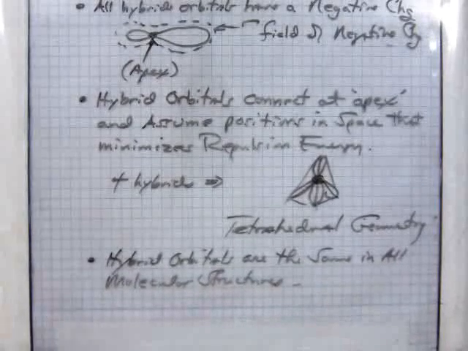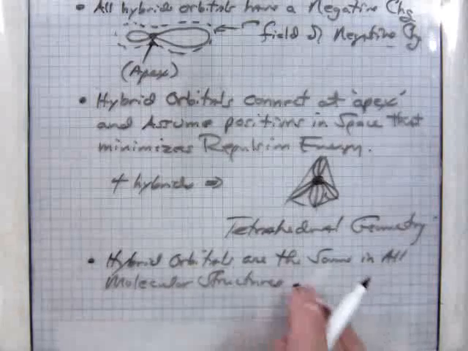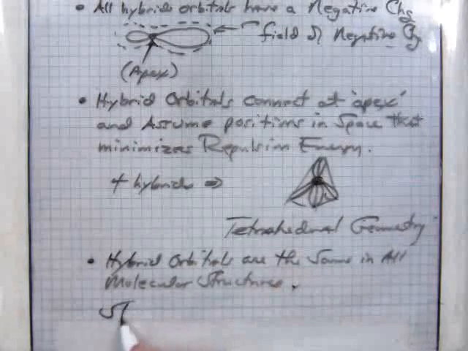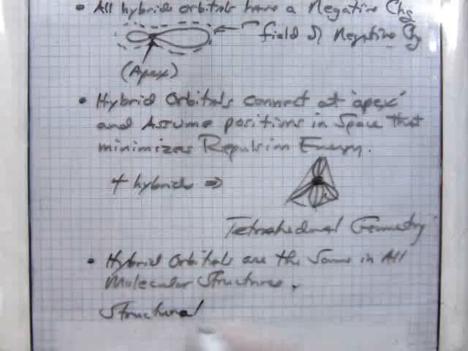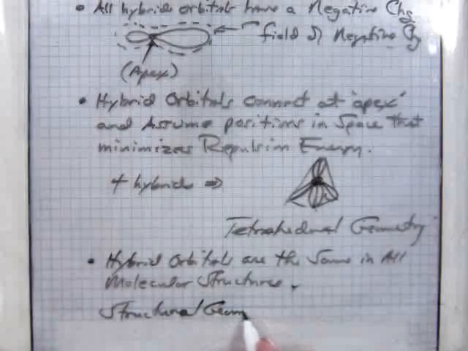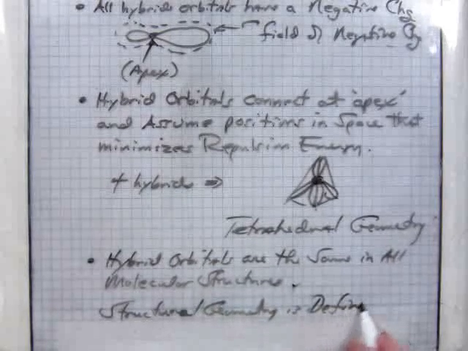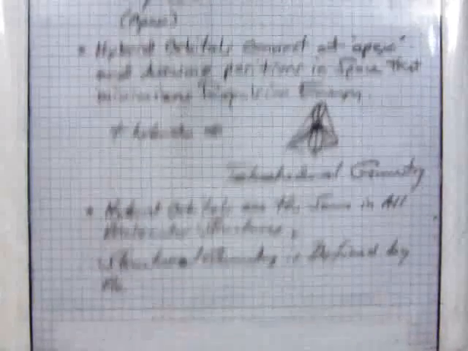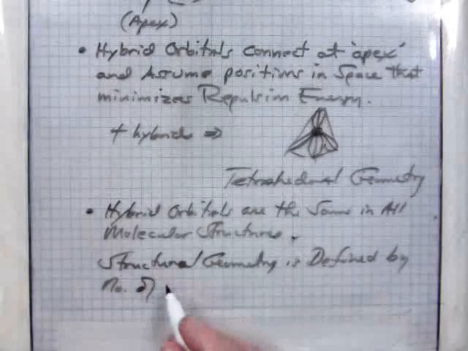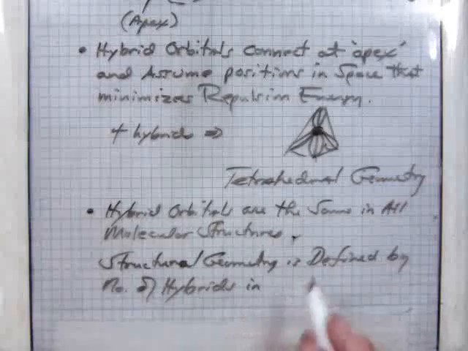It's just the number of hybrids that are involved in that structure. Or the structural geometry is defined by the number of hybrids used in the molecule.